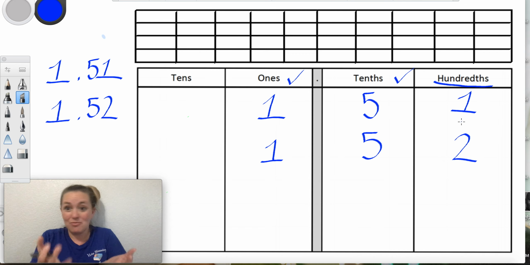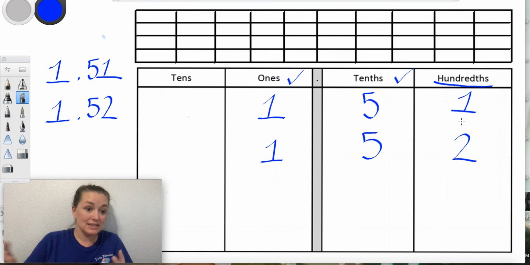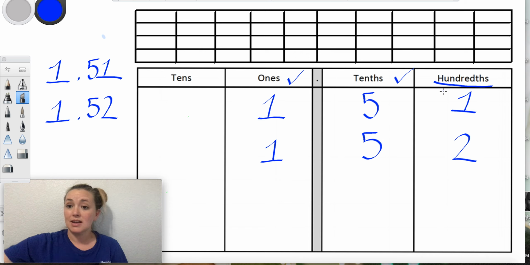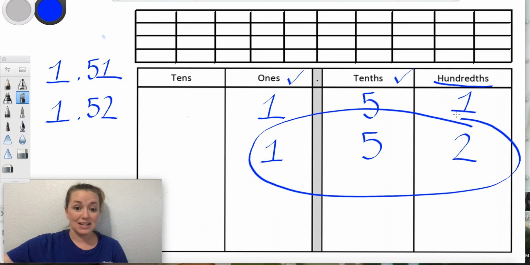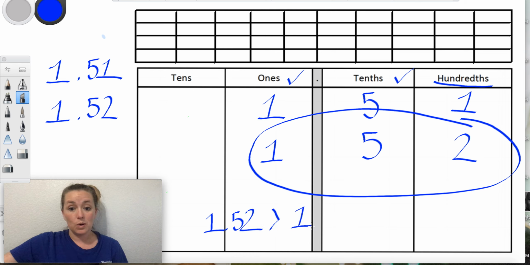The one where I have more of my pieces, more of my parts. So 1 and 52/100ths is greater. So I could say 1 and 52/100ths is greater than 1 and 51/100ths. Or I could flip it and say 1 and 51/100ths is less than 1 and 52/100ths.